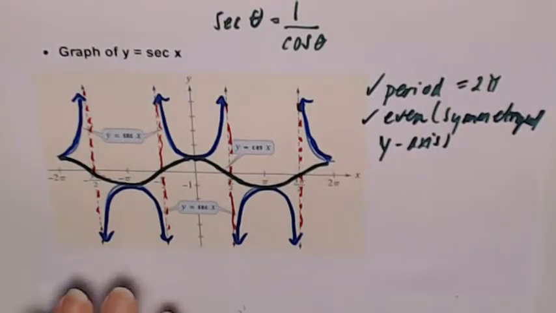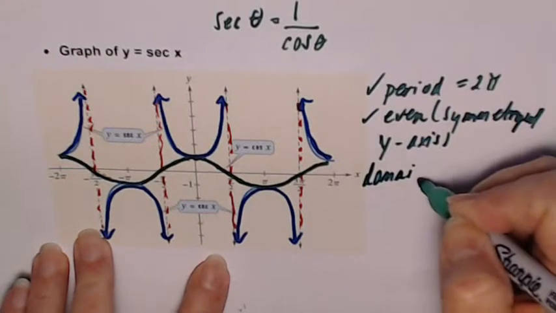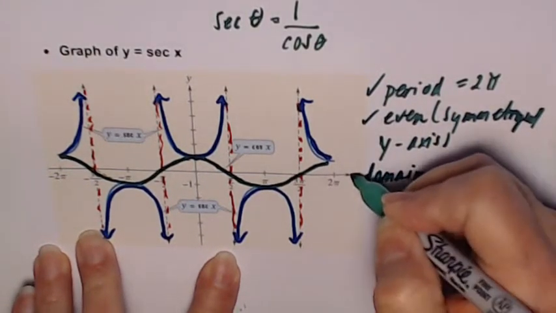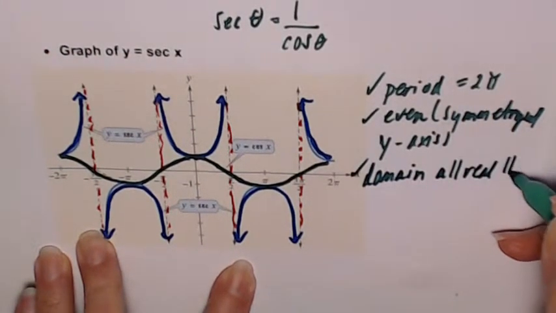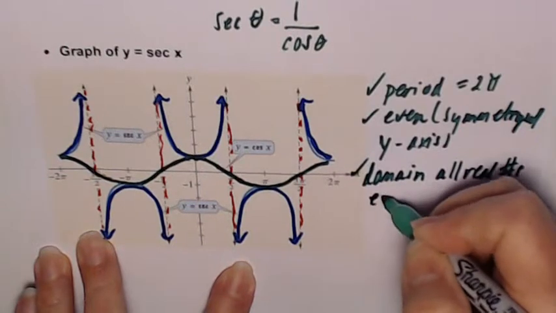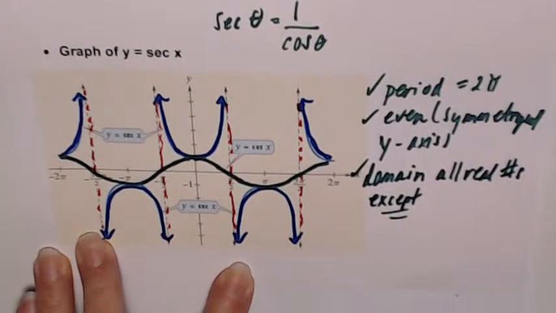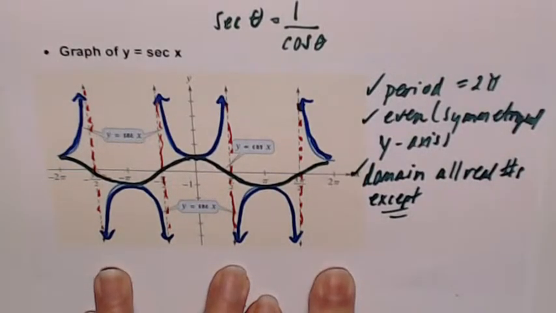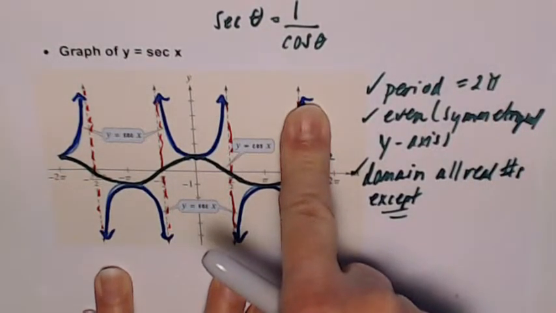Now, in regards to domain, where the domain of cosine is negative infinity to positive infinity, the domain of this is going to be all real numbers, again, except, and we have to exclude from our domain all those values, all those angles that are going to give rise to a vertical asymptote or an undefined situation.